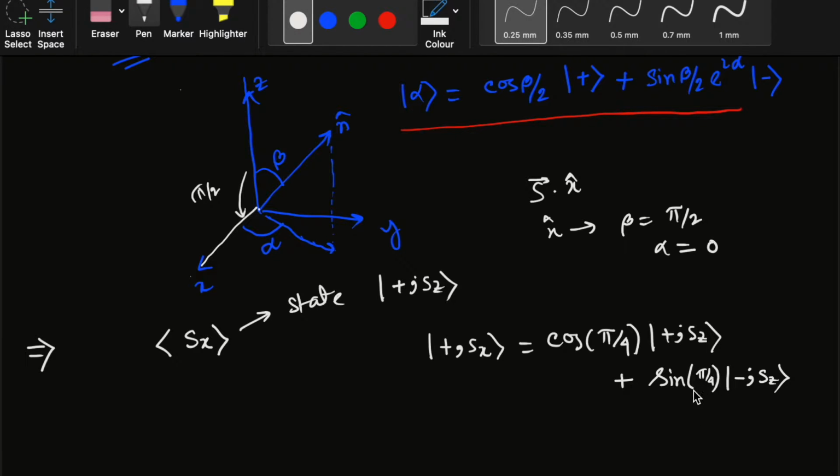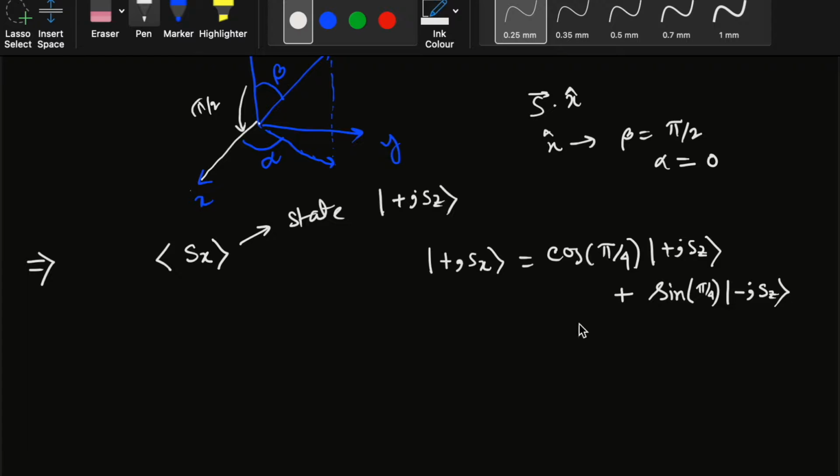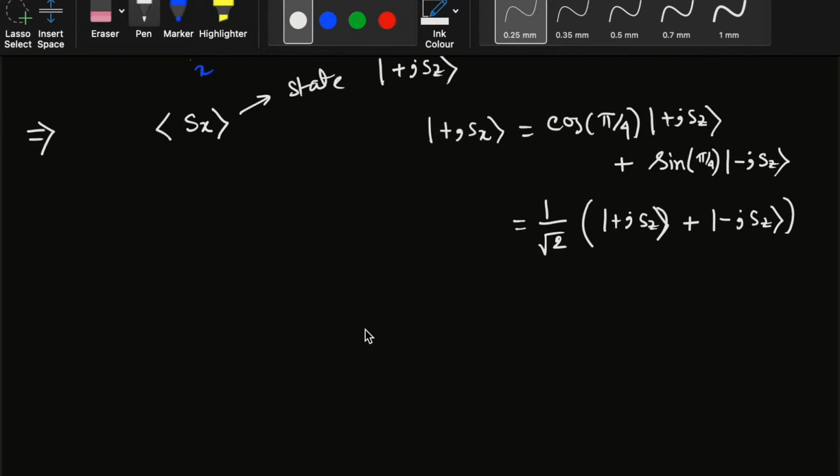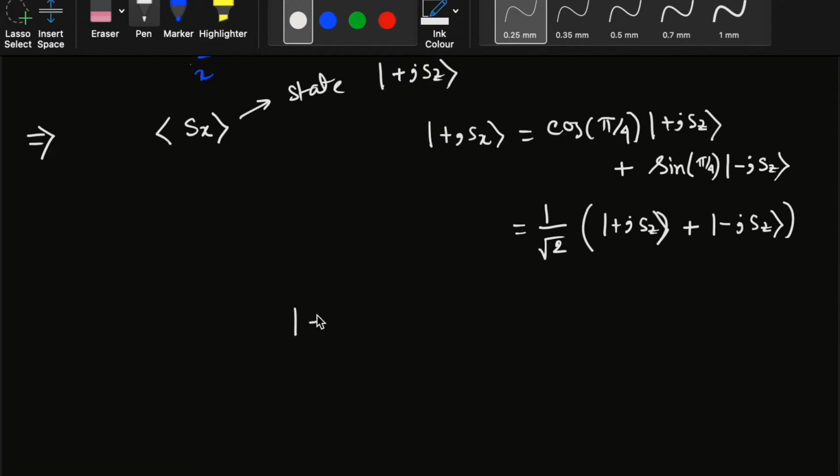We know that the value of cos pi by 4 and sin pi by 4 is 1 by root 2. That means plus Sx is 1 by root 2 times plus Sz plus minus Sz. Similarly, we can calculate minus Sx.